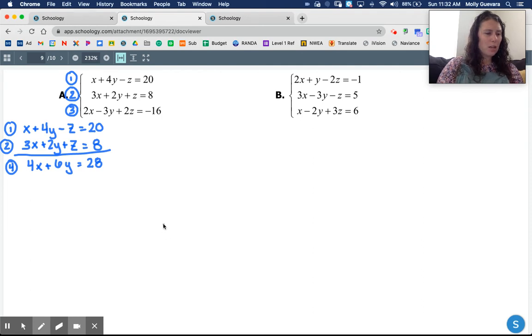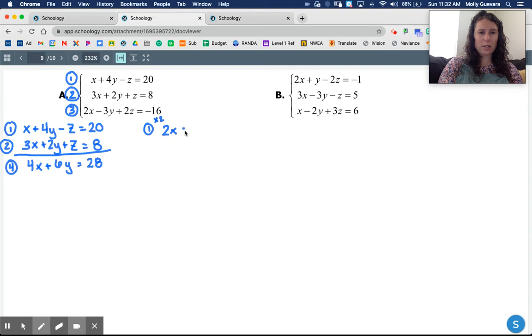Then I need to eliminate the z's again, and I haven't used equation 3 yet. So I know I have to use equation 3. Then I can choose whether to use equation 2 or equation 1. It doesn't matter. I'm going to use 1, but I'm going to multiply 1 by 2 because that'll eliminate my z's again.